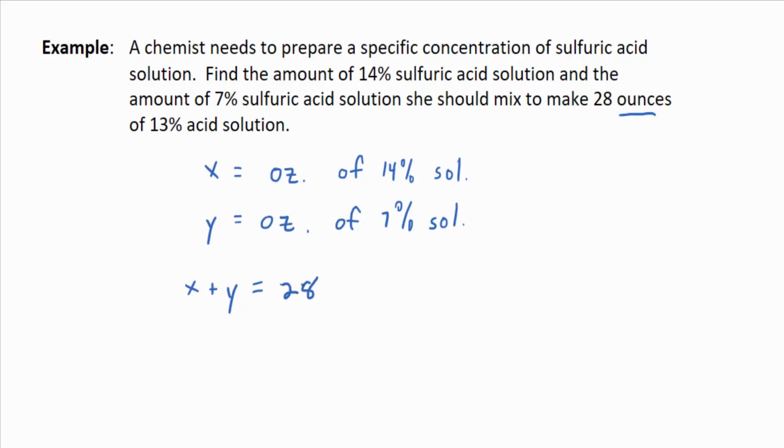You're going to add the unknowns together and get the amount of what it is you're looking for. Sometimes, I suppose the amount could be an unknown, but not in this class, because usually you're going to know how much solution you want altogether. So I don't show you those problems because they're kind of silly when you don't know the amount. So that's almost an equation you get for free once you identify your unknowns.